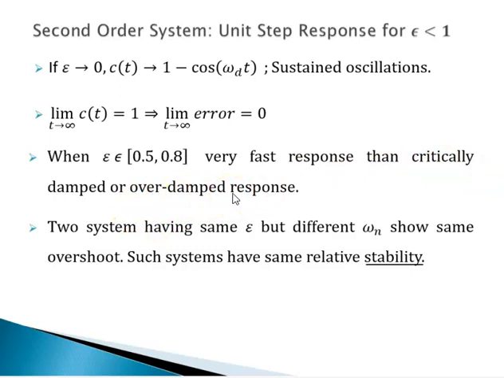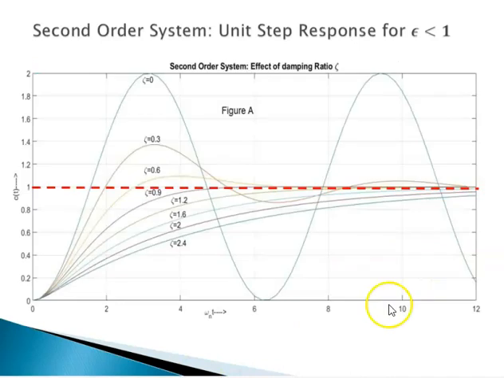And in this context, we say that if two systems have the same damping ratio but different omega n, they show the same peak overshoot. We'll define what we mean by peak overshoot, and derive an expression for it. Such systems in general may be said to have the same relative stability. We are ahead of time when we use the word stability. We'll try to define it in some of the subsequent slides.